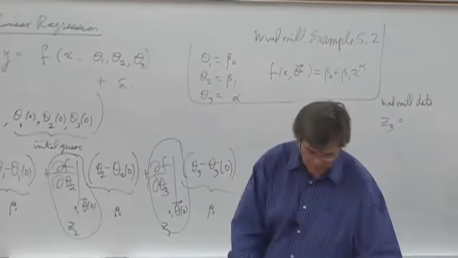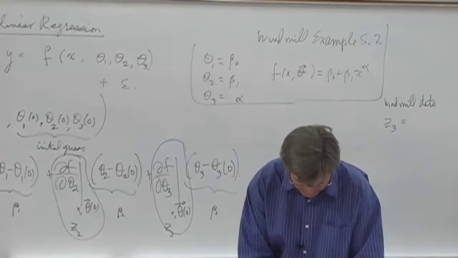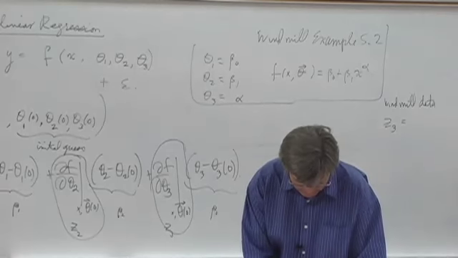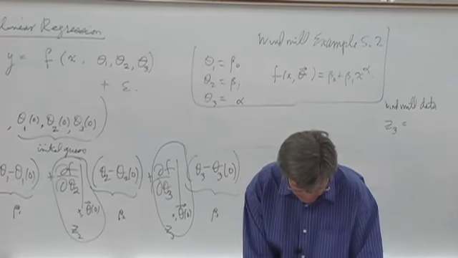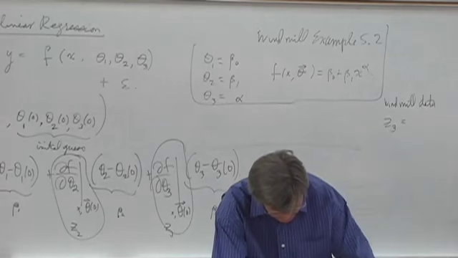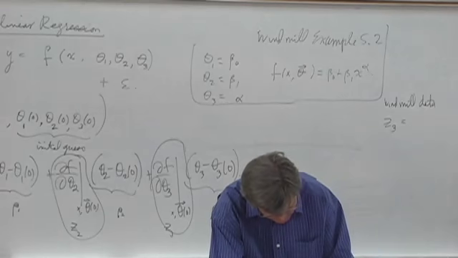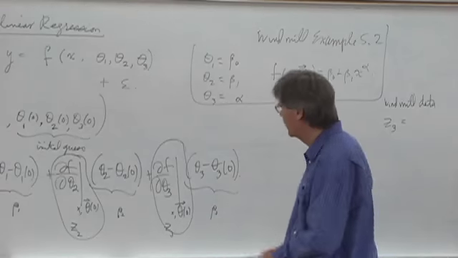Let me go to the book, whether they use beta naughts or beta 1, whether he uses the naught. I think he does use naughts. Let me double check. And this is chapter 12. I don't want to be confusing you, so I'm going to change it now if it is confusing. Yeah. He's using beta naught and beta 1, and theta, but he's using his thetas as theta 1 and theta 2.